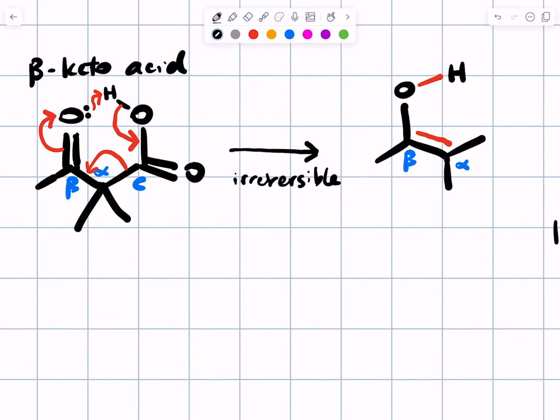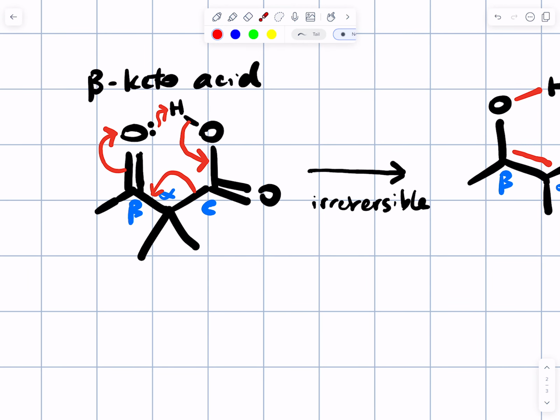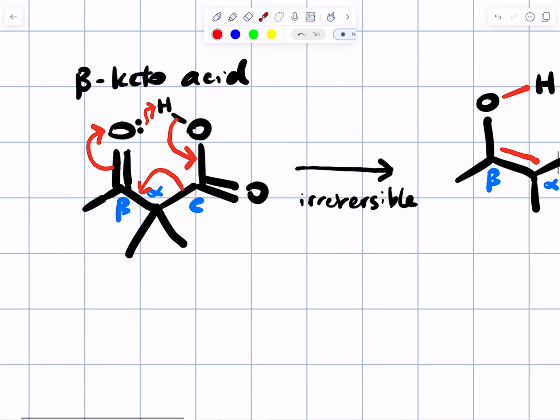And the reason it works is because if you follow along as CO2 leaves first, the beta keto oxygen provides something to deprotonate the carboxylic acid. Second, as the carboxylic acid leaves, there's a place for the electrons to go. The electrons from the carbonyl carbon alpha carbon sigma bond can come over here and make the new pi bond, and then the pi bond between carbon and oxygen can go out onto the oxygen as a lone pair.